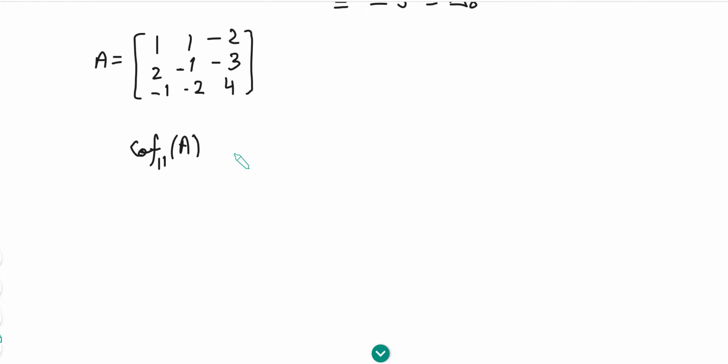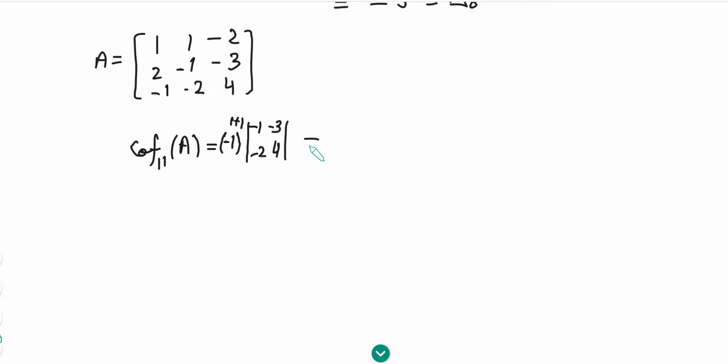Okay, what is it? This is the determinant of the minor. Which minor? This is cofactor 1 1. It means first row gone, first column gone, and we are left with negative 1, negative 3, negative 2 and 4. Again here we have the sign negative 1, and its power is the row number plus the column number, meaning 1 plus 1.